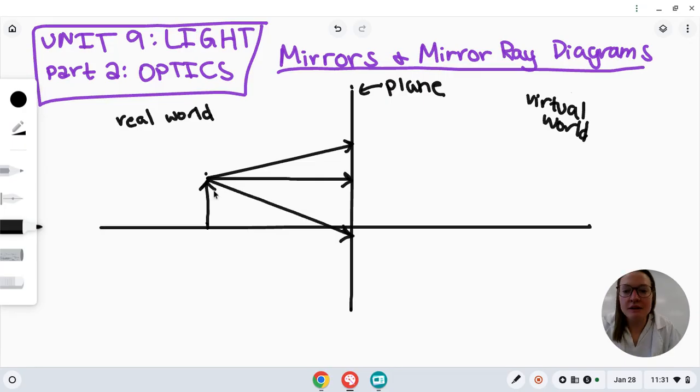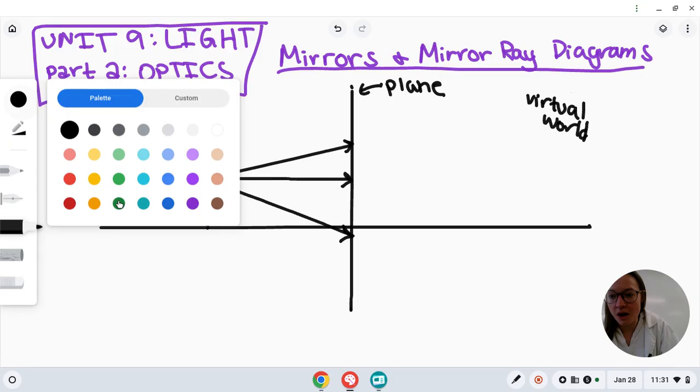And so you'd have all these light rays bouncing off the top of your toothbrush. Now, when each of these light rays hits this mirror, it is going to reflect back. And when it reflects back, it is always going to reflect back according to this law. The law that it's going to follow is always going to be the law of reflection.